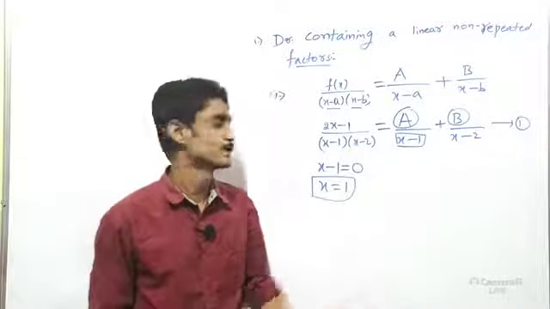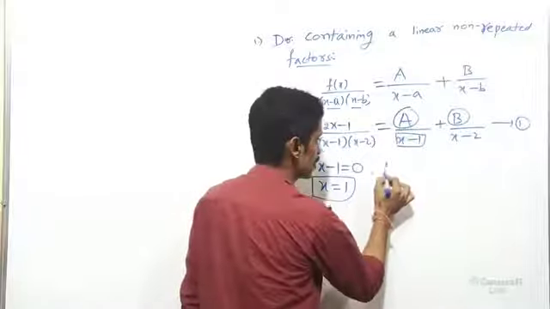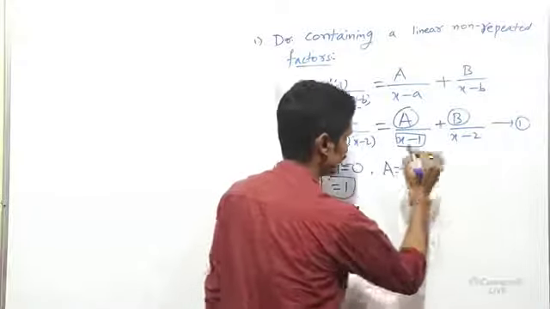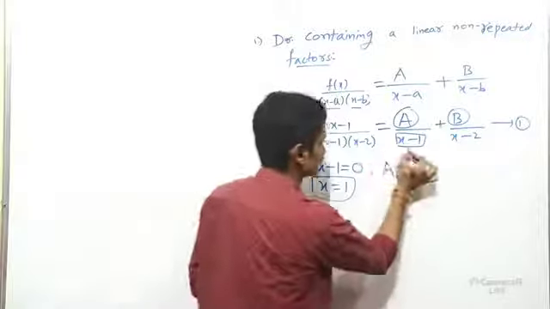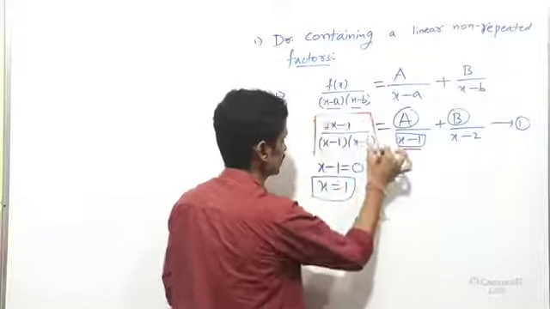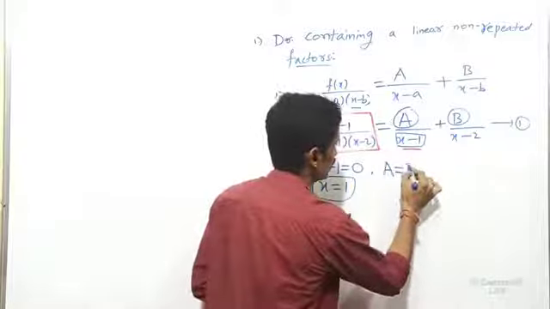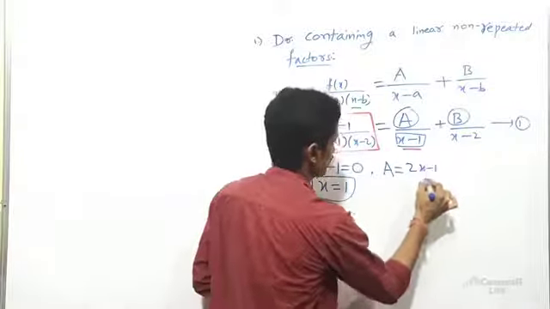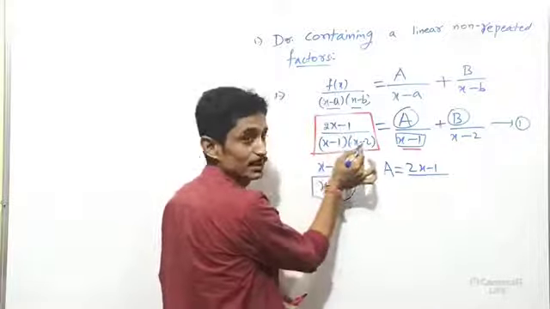Sure? Very simple. Next, to get the value of A, what can we write? A is equal to the completely LHS part, that is 2x minus 1 upon x minus 1 into x minus 2, except this part.